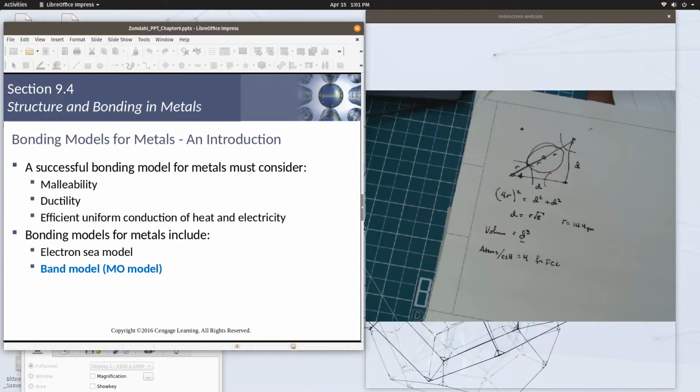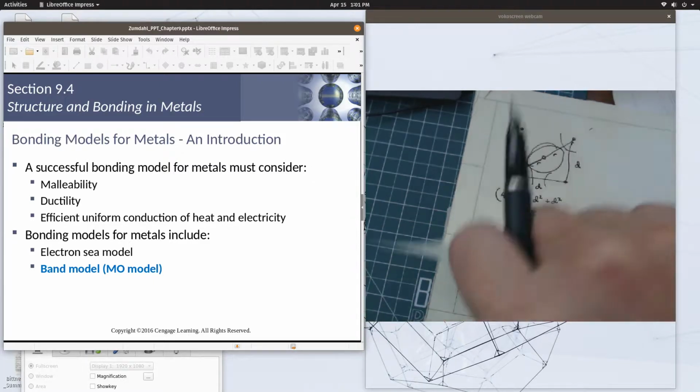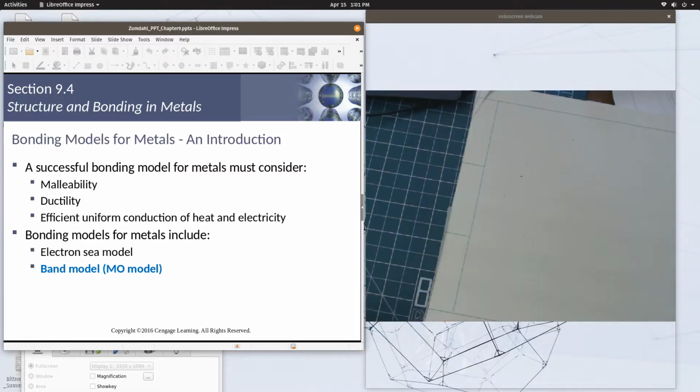Now, the band model for, okay, let's end here, and I will pick up in my next lecture on the electronic structure and bonding in metals, and we'll talk about a bonding model for metals.